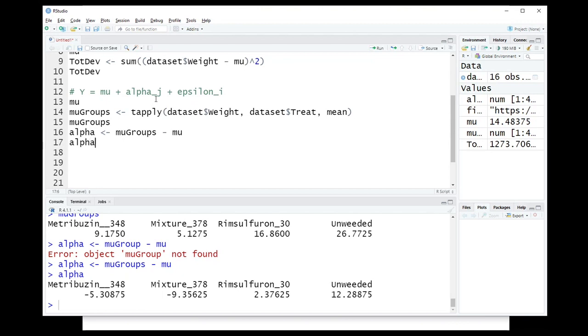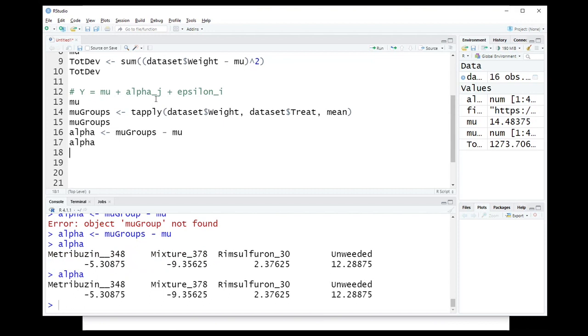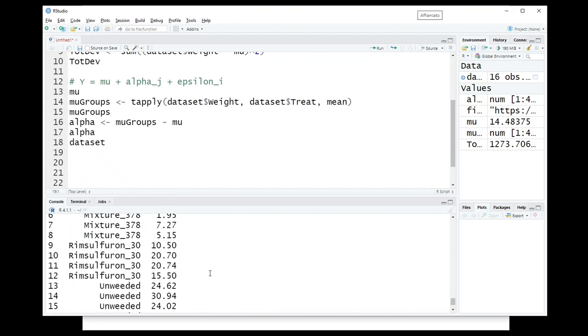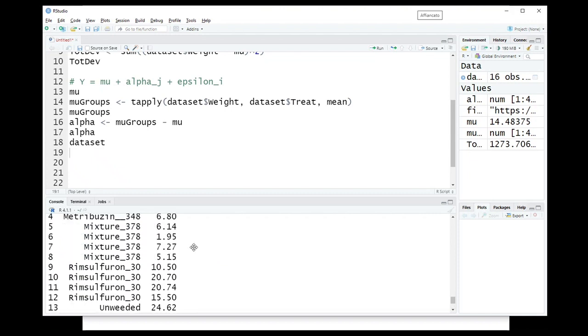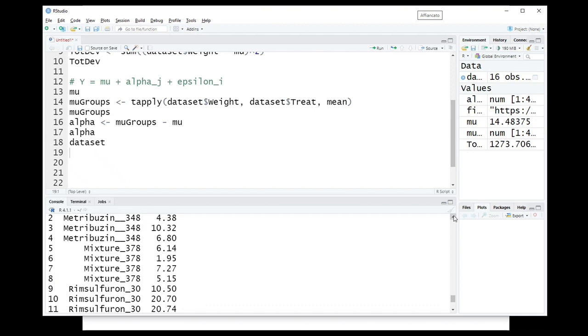Now what I want to do is to develop the model by assigning to each individual its own parameters. Okay, so I'm building a table now. In order to build the table, I need to take alpha, and I need to look at the data set, and I see that in the data set, the subjects are divided by treatment.